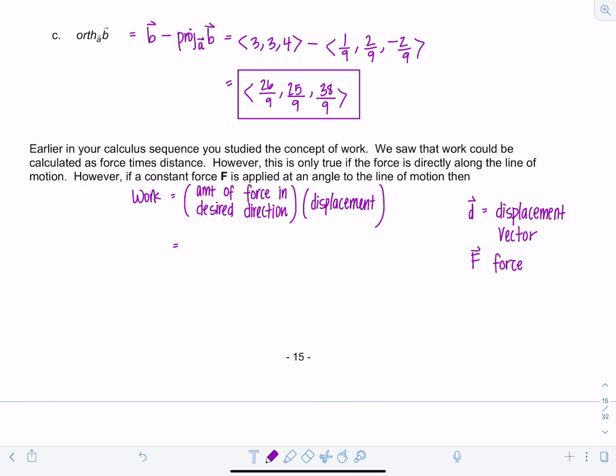So how would you get the amount of force in the desired direction? Well, I would want to figure out what the scalar projection is of the force vector along the displacement vector, right? That's the direction that the object is moving in. So I want the scalar projection of force along the displacement vector times the actual displacement, that actual distance, so that would be the magnitude of vector D.